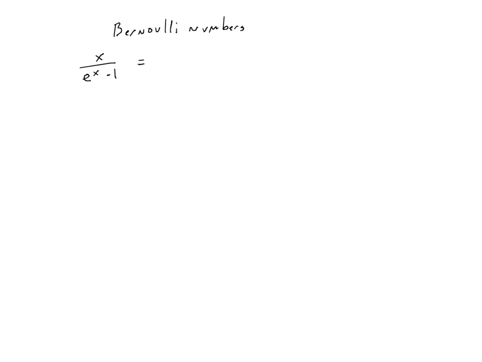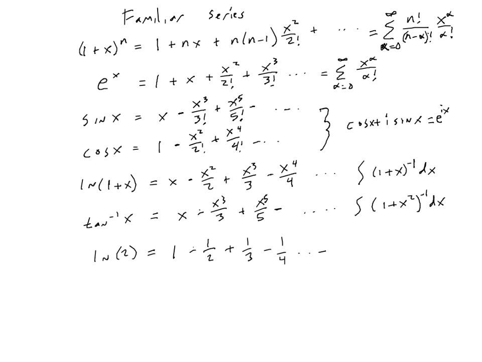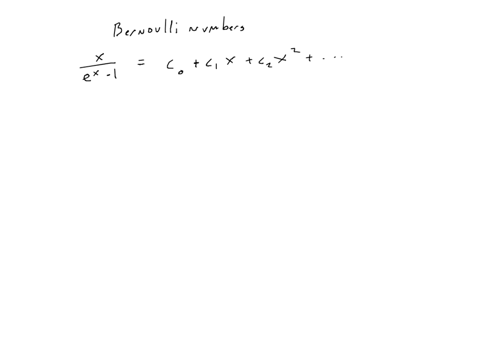So we can think of this as a power series and just assume that anything can be written out as a power series. Because if you look at these familiar series, every single one of these is a power series. It's just a matter of figuring out what the coefficients should be in order to make it work. And if you got the right coefficients, then you're done.